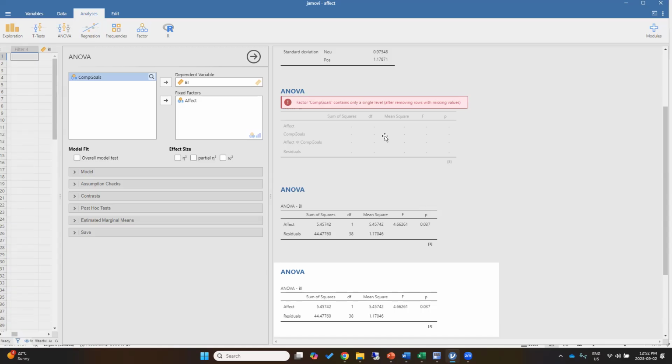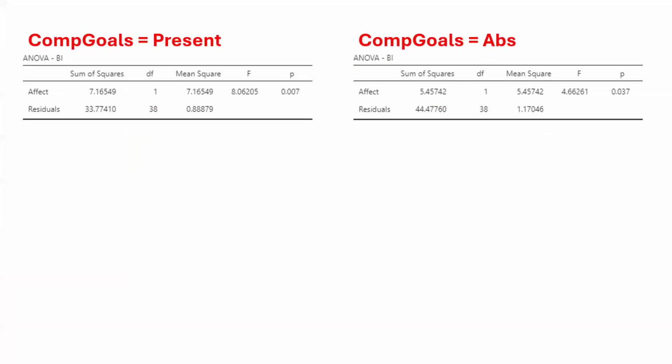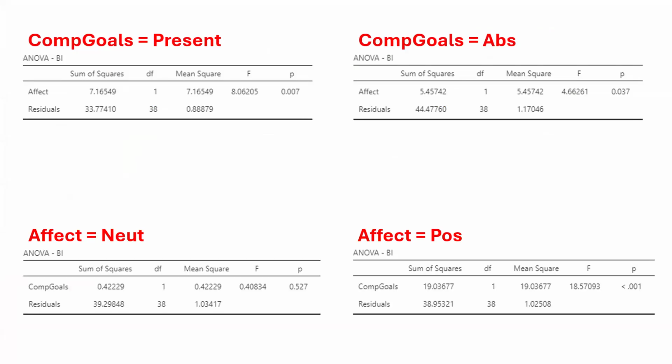And so I've pasted those here. I can do the same thing by looking at the effect of competing goals where affect equals neutral. So I'm looking at the other variable now, the other independent variable, the effect of competing goals absent versus present where affect is neutral. And I can do it where affect equals positive. So I can split my data different ways.